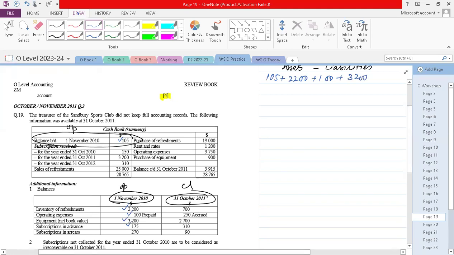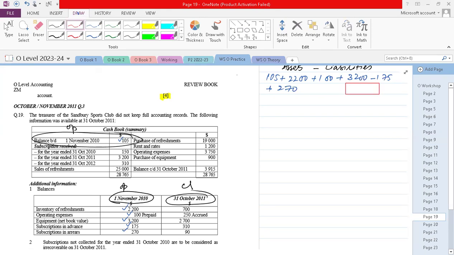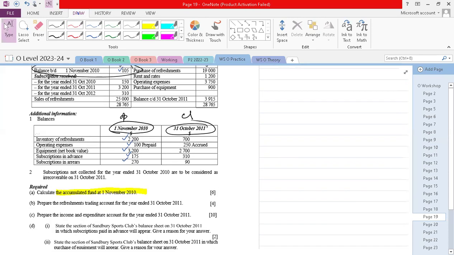Subscription paid in advance is a liability, and subscription in arrears is our asset. So that's it. We need to use our calculator. This is 5,700. So this was our first requirement, accumulated fund at start.